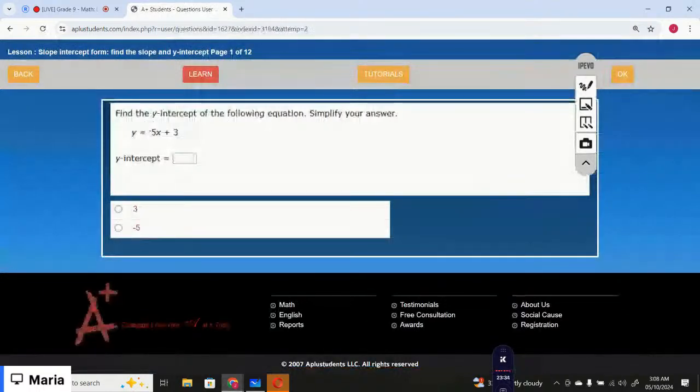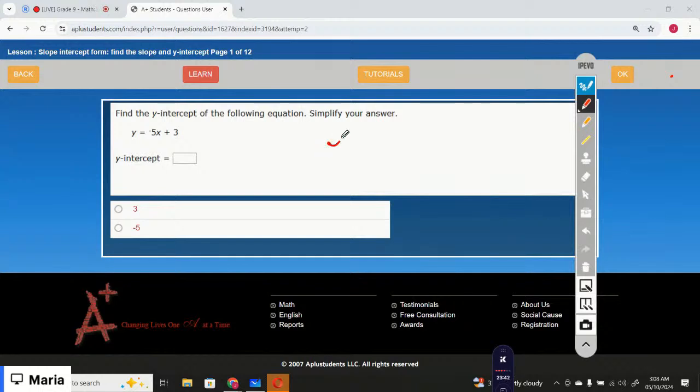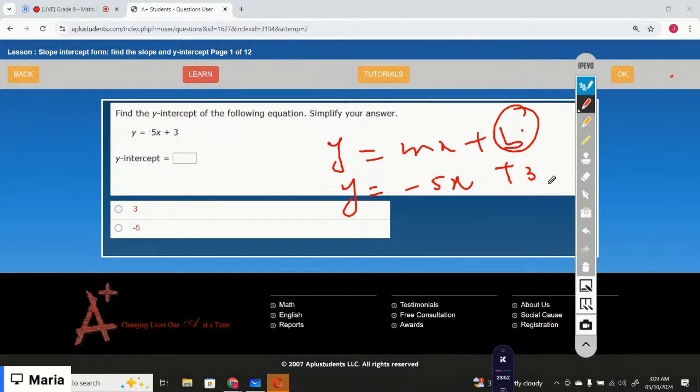Find the y-intercept of the following equation. You need to compare this equation with the slope-intercept form, y equals mx plus b. This one is negative 5x plus 3. B is the y-intercept, so for this equation, b is 3.